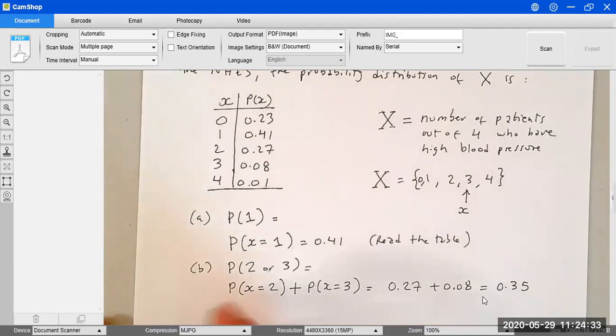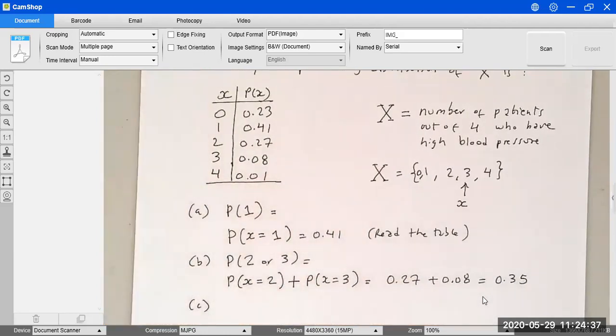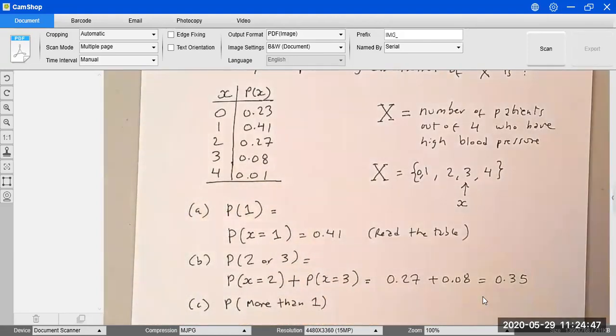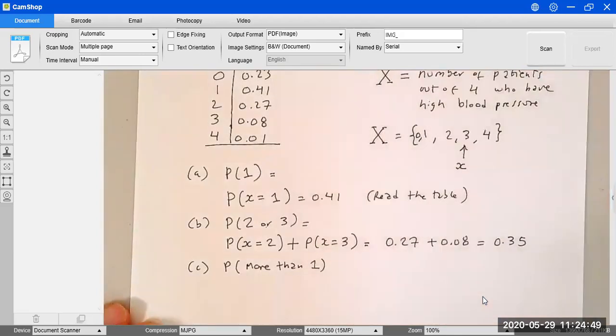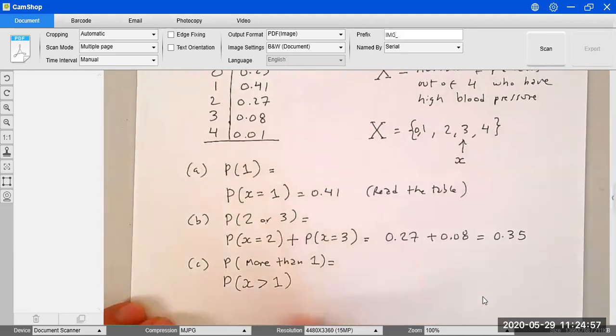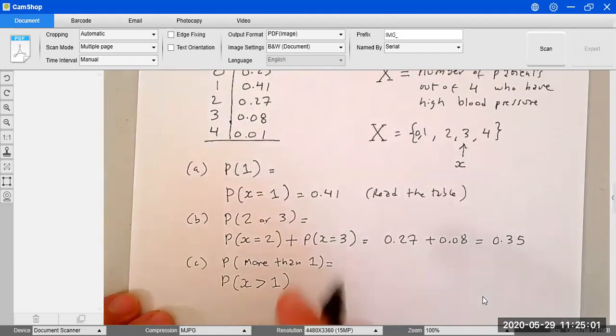Now the third case. We're going to find the probability of x being more than 1. This is the same thing as saying the probability of x greater than 1. This is a compound event. Again, we're going to use the addition rule.